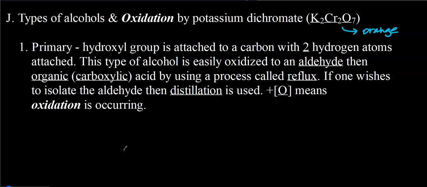But instead of going into a separate container like in distillation, it's going to fall back down into your glassware, your mixture that you're heating up. And this will allow for further oxidation. So if you don't let the aldehyde oxidize anymore, you get the aldehyde. If you take the aldehyde and further oxidize it using reflux, then you can get the carboxylic acid.